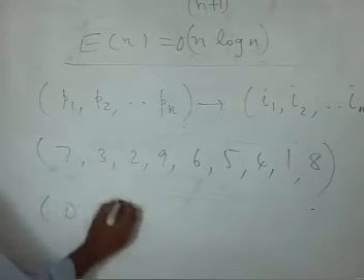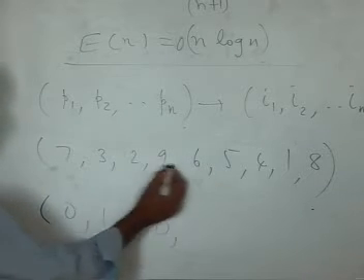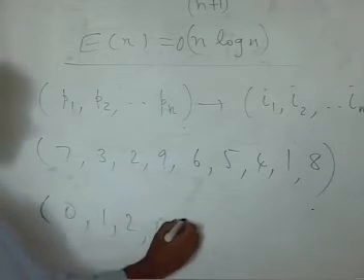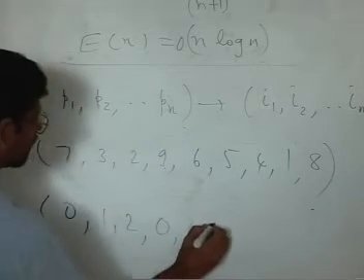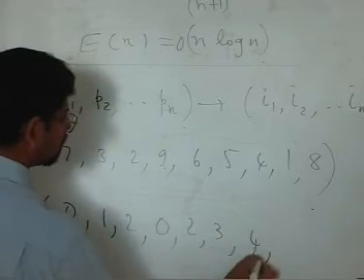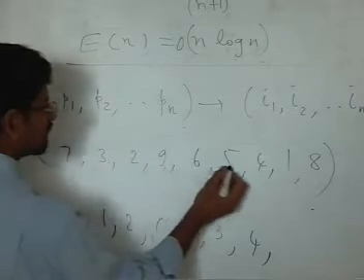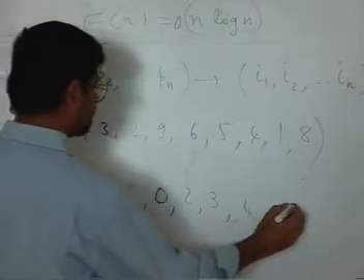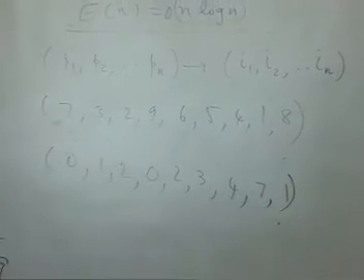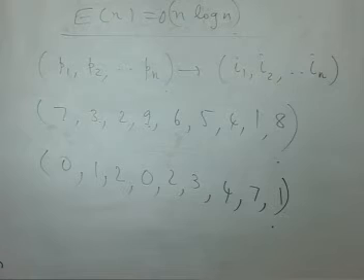How many to the left and larger? 2. How many to the left and larger? 0. How many to the left and larger? Only 2. How many to the left and larger? 1, 2, 3 and 4. And how many are to the left and larger? All of them. 1, 2, 3, 4, 5, 6, 7 of them. And how many are to the left and larger? Only 1. So this is the inversion vector for this permutation.